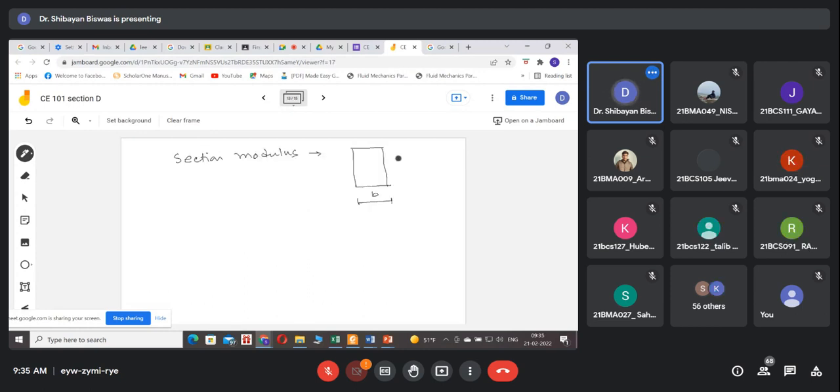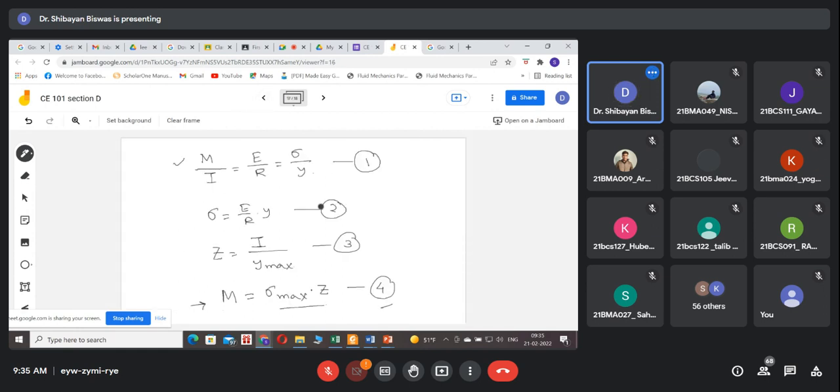Say this is B and this is D. What will be the section modulus for this rectangular section where height is D and width is B? I hope you have written down the expressions. So from here it will come up.